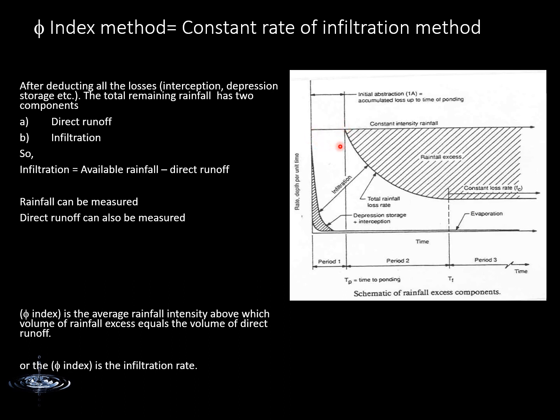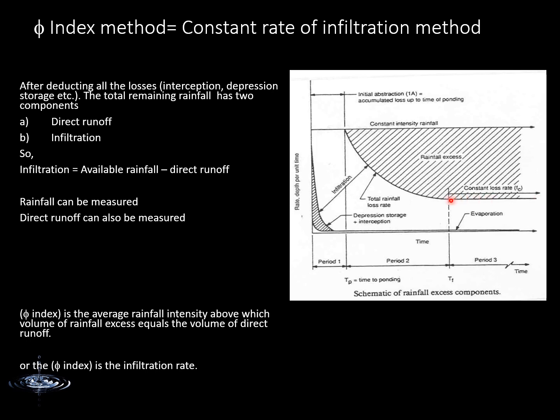So after satisfying all those losses, what happens? Water starts to infiltrate. Assuming there is a constant rainfall intensity, initially there will be high infiltration, and the soil capacity will also reach its maximum point. When the rainfall is constant and happening for a certain duration, after a point the saturation limit of the soil will be reached, and after that there will be constant loss only.